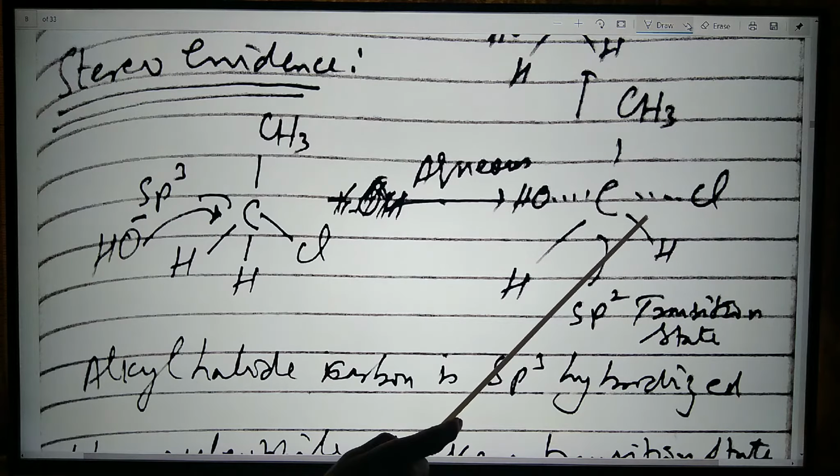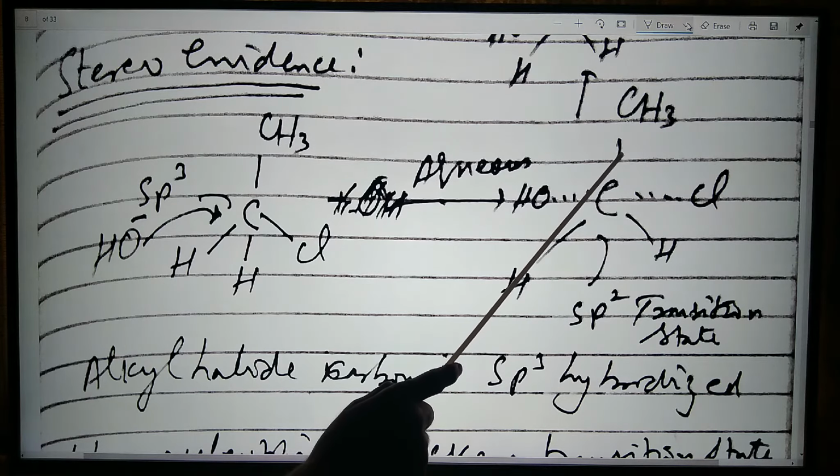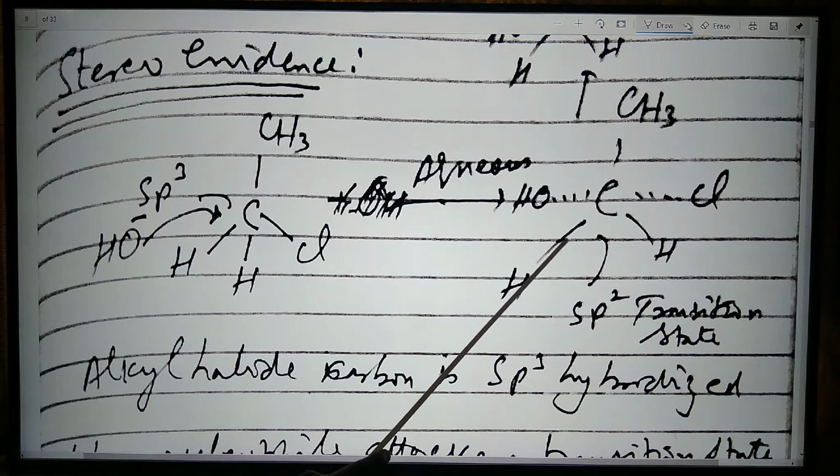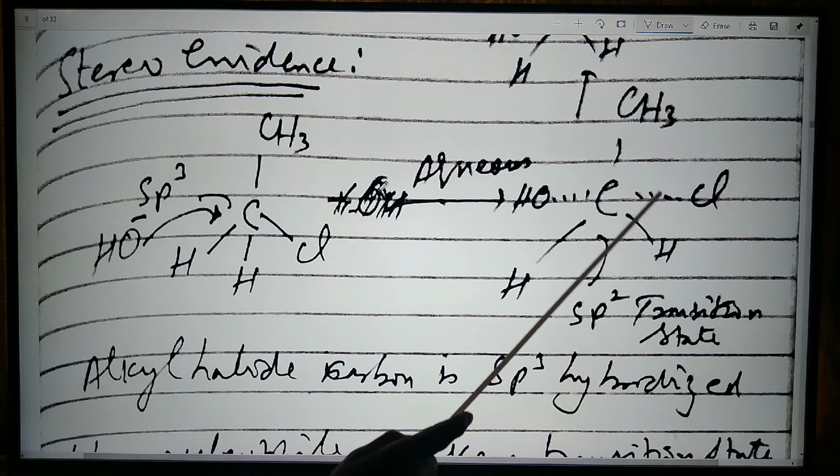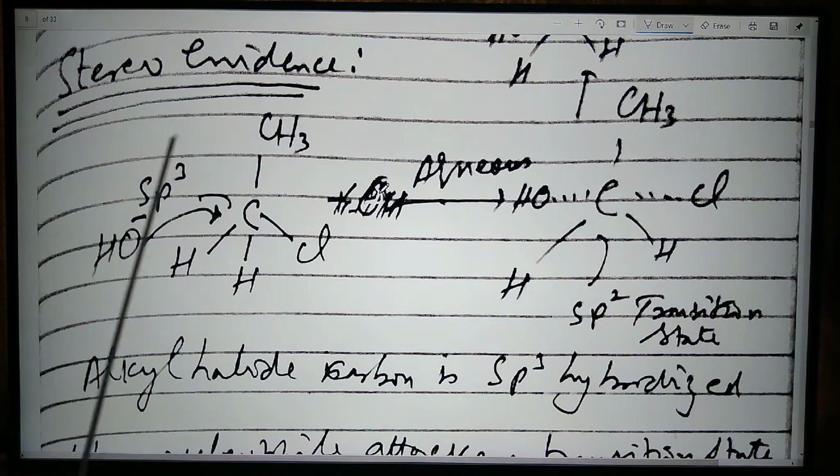Why? 1, 2, and 3. 1, 2, and 3. So this is called the sp2. So from sp3 to sp2 hybridization takes place, and this is the trigonal shape, whereas this is the tetrahedral shape.